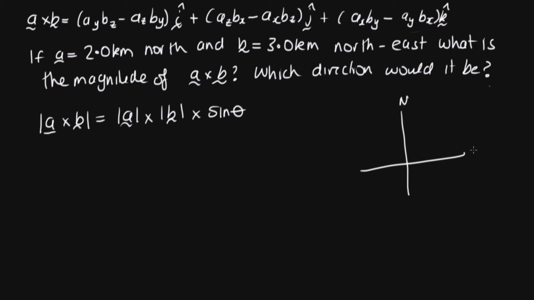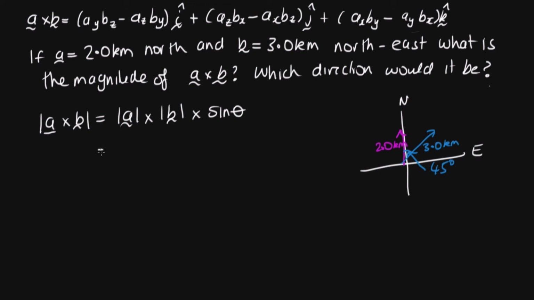Let's sketch our little vectors. So here we've got north, here we've got east. So vector A is 2.0 kilometers north, and vector B is 3.0 kilometers northeast. So this angle in here is 45 degrees.